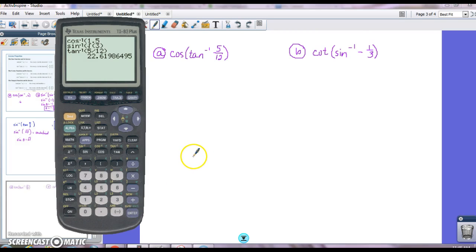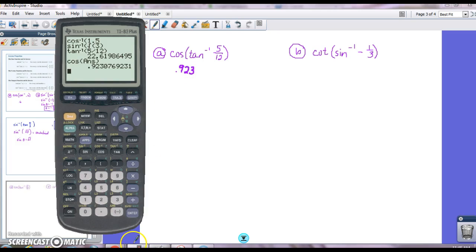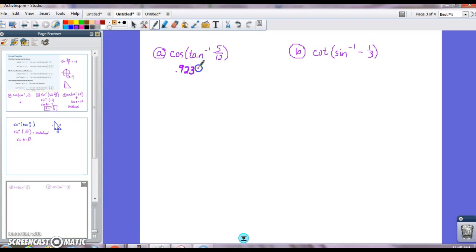That's going to give me 22.61 blah, blah, blah, right? I know that that is what the angle is, but now I have to take the cosine of that. So the cosine of my previous answer, and if I hit enter, then I would get the decimal approximation. That would be 0.923, I forget what it was, 0.92307, whatever it came out to be.